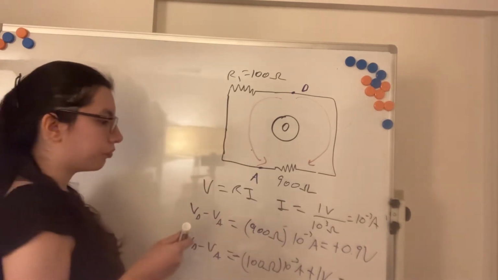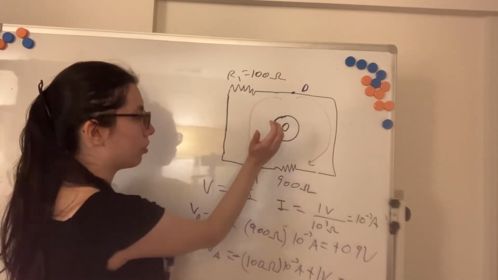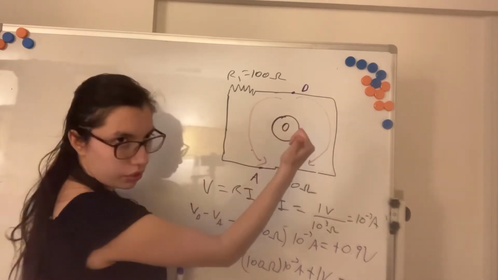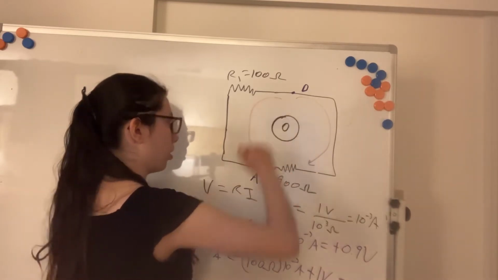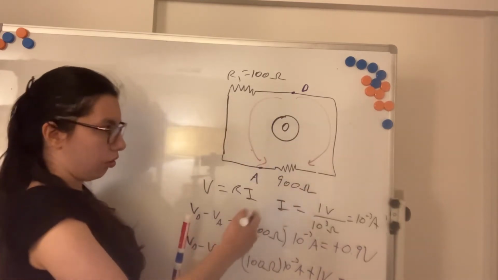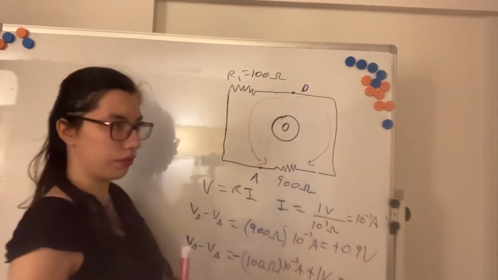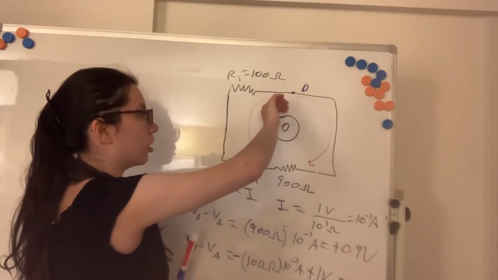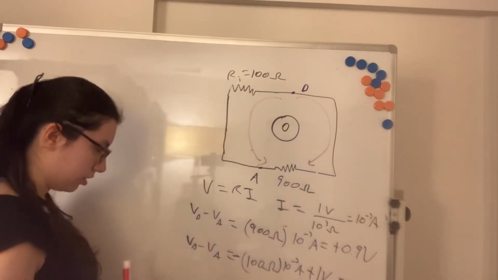So the current would be clockwise, because the current generated is opposed in direction to the current that generated the magnetic field in the first place.